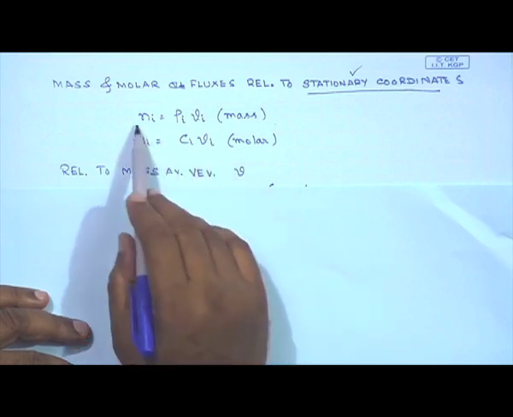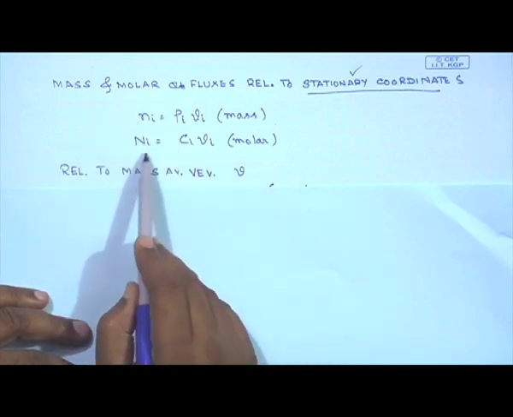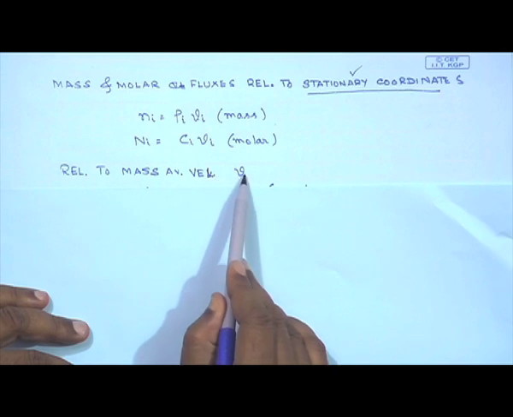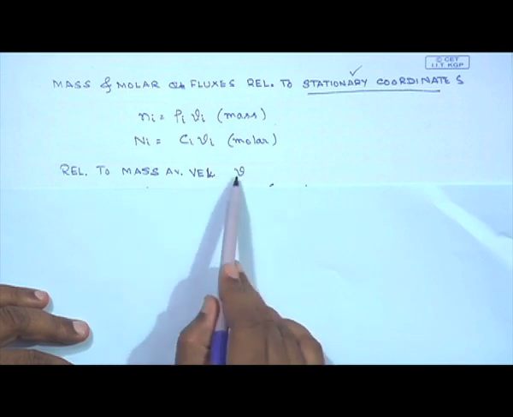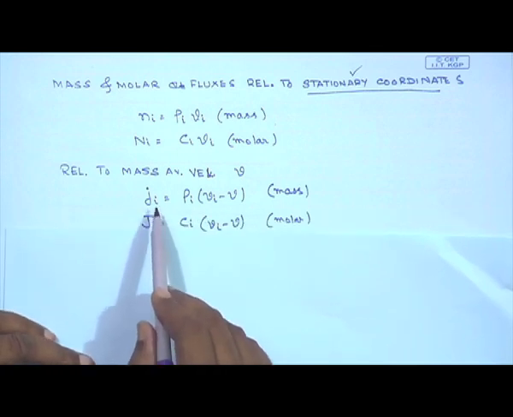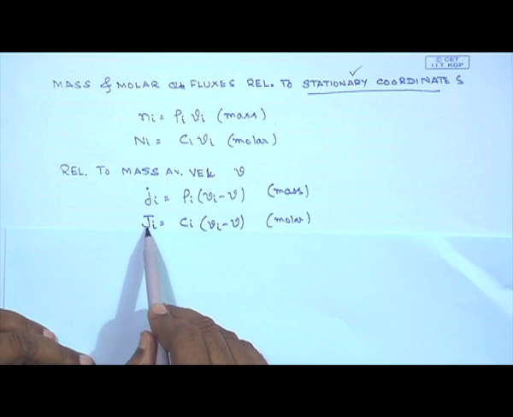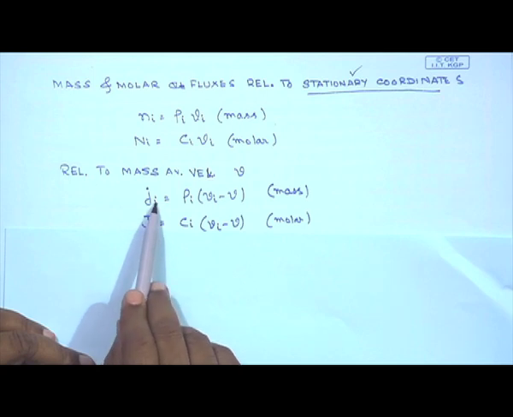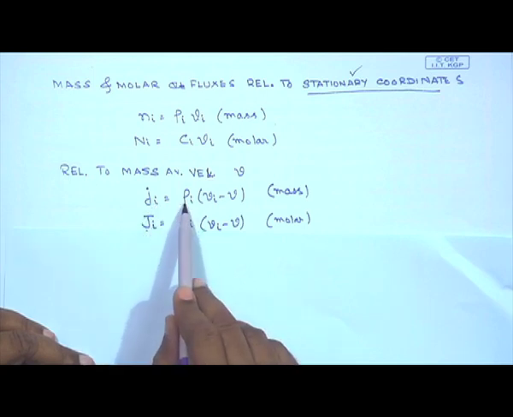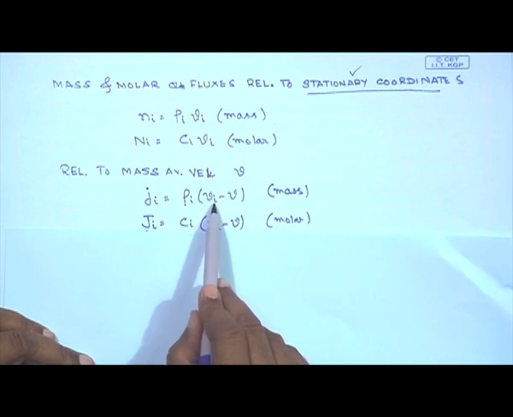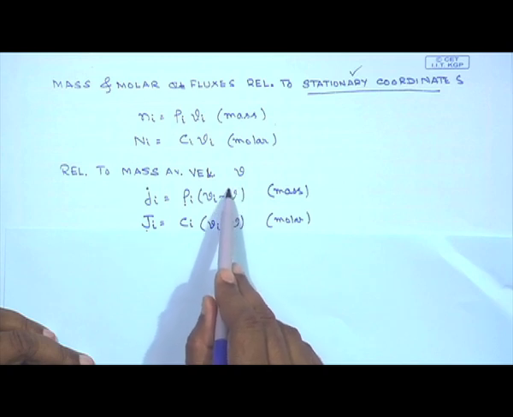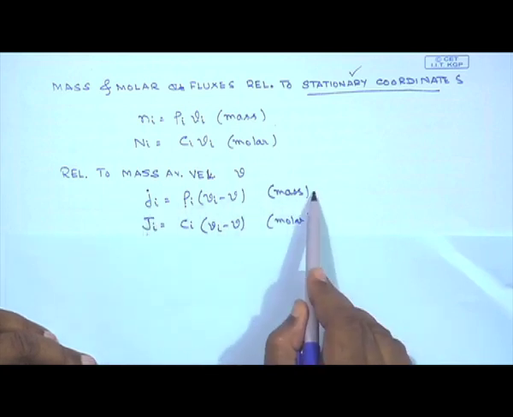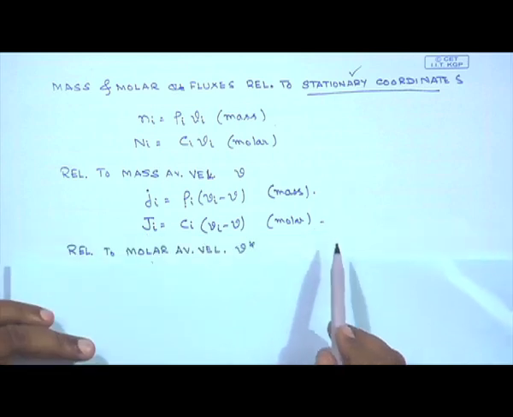When you bring the same mass flux or molar flux and take the average velocity V bar to be the basis, so relative to the mass average velocity, the mass flux or the molar flux denoted by j or capital J for the ith species is simply going to be rho i times the relative velocity, where for the relative velocity we use the mass average velocity. So it can either be expressed in terms of mass or in terms of moles.